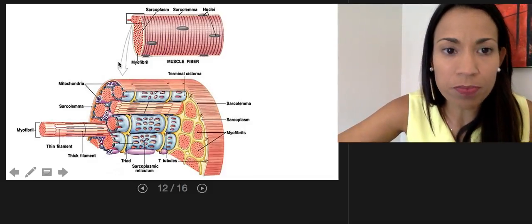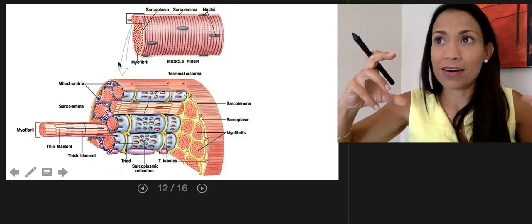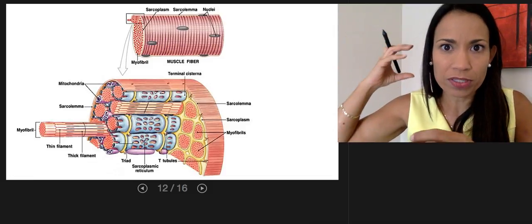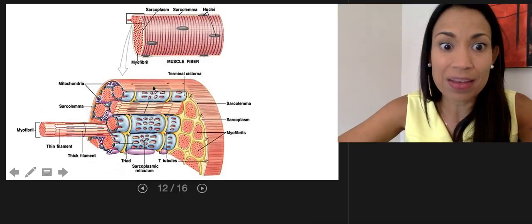This is important because the action potential, the electrical impulse coming from the neuron of the nervous system, activates or stimulates the cell membrane, the sarcolemma of this muscle fiber.